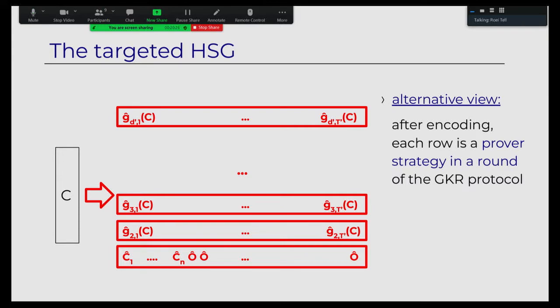The row on top is the first round. So think about it. In the first round, the prover just tells you what the value of the function is, and you don't believe the prover. Then you go through from the top to the bottom until the last round, where the input is sort of revealed, think in sum check. And if it's a public coin, then you look at the input in the end, and you do your verification.